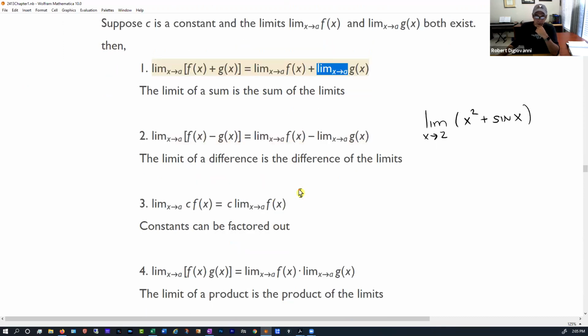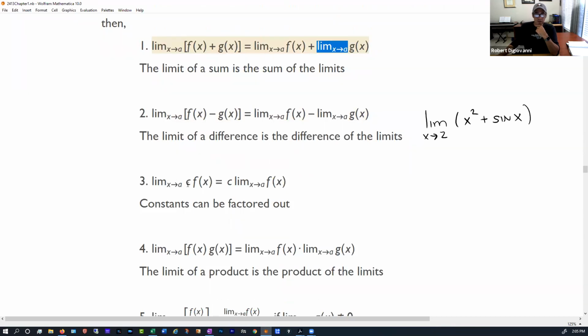The next one has to do with constants. This law says if you have a constant, C, in front of a function, and you want to take the limit, you can ignore the constant and just do the limit of the function and then multiply the constant. I'll give you an example. So let's say I'm trying to figure out the limit as x approaches, let's say 5, of 3 sine x.